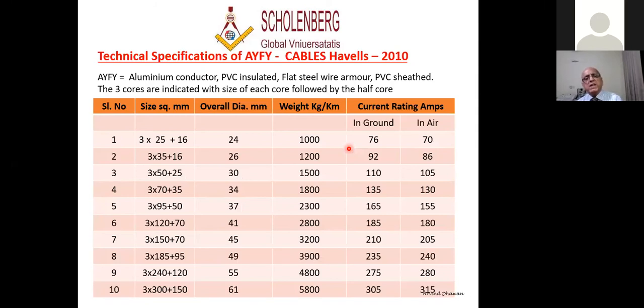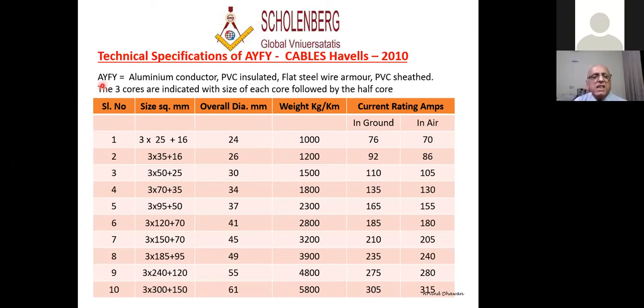Then you come to the cables in the tender document. There are a lot of cables, and cables are a very expensive component, right? Now, here it is written 3.5C x 25 plus 16. I've given you one example from the manufacturer. You have to refer to the manufacturer's ratings to check whether the material delivered to site matches your requirement.